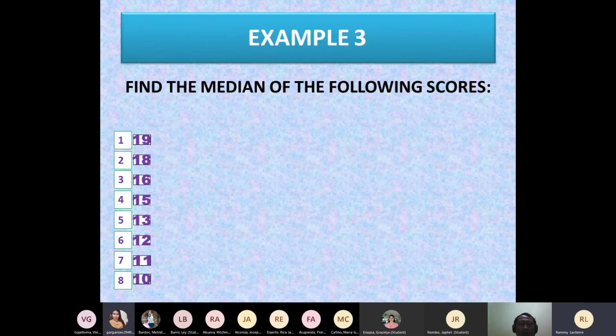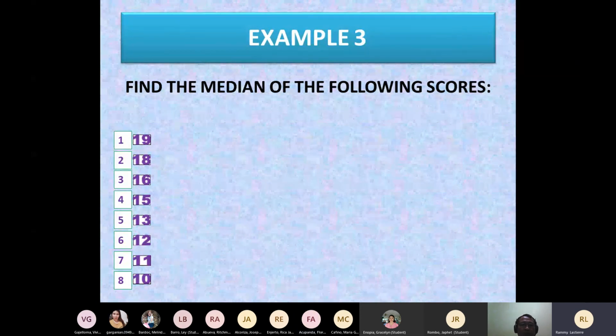Now, since this is an even number, if you had noticed, there are 2 middle items, correct? Yes, Doc.